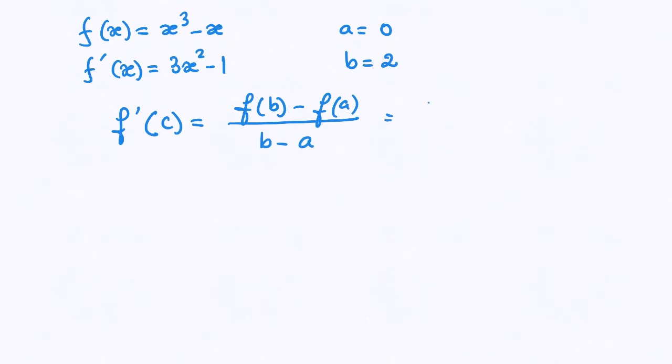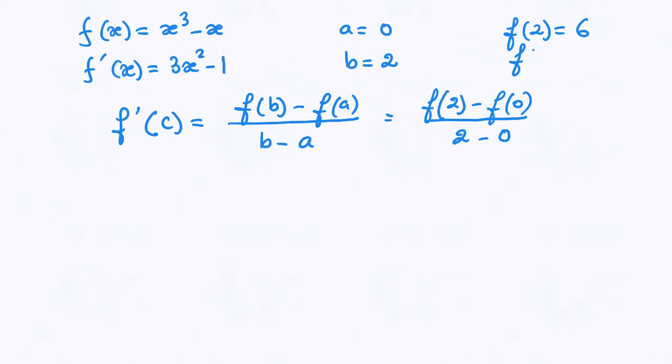So in this particular case, f of 2 minus f of 0 divided by 2 minus 0. Now f of 2, we can calculate it, it's easy. It will be 6, f of 0 is equal to 0, and therefore we substitute all of this.